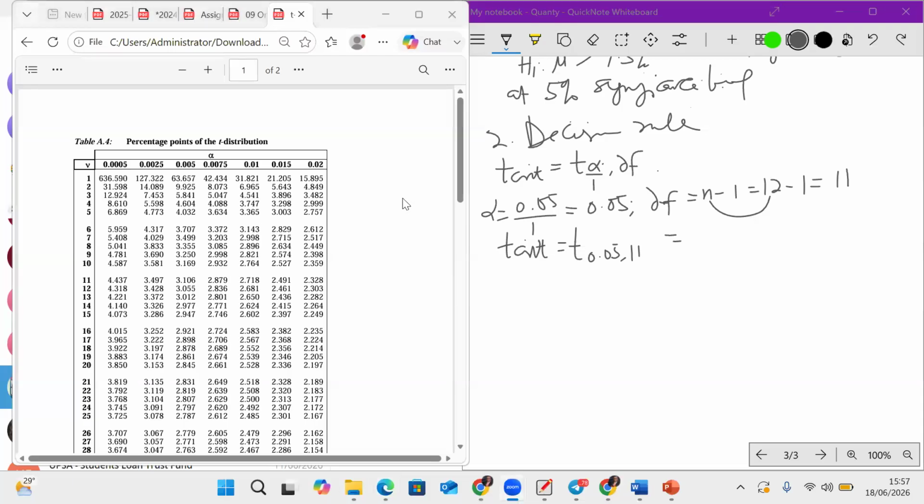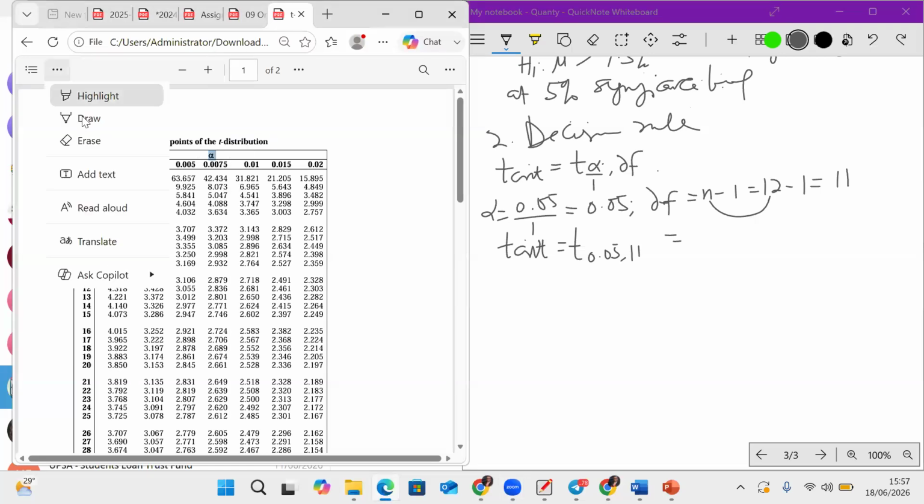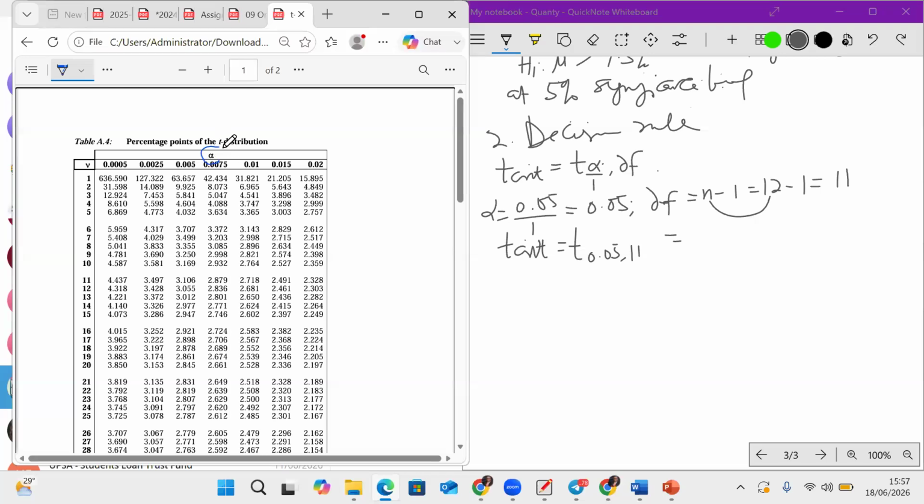So this is your T distribution table. With your T distribution table, the A here represents the alpha level. Here, this A represents what? Alpha level, right? And the V here is talking about the degree of freedom.